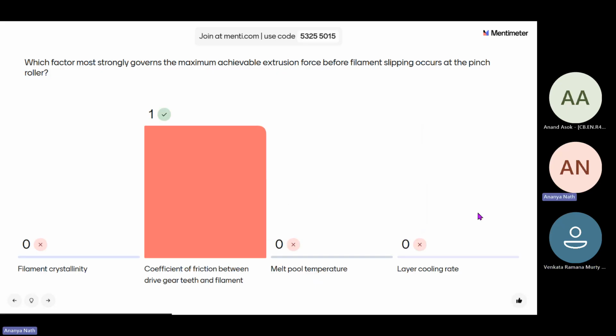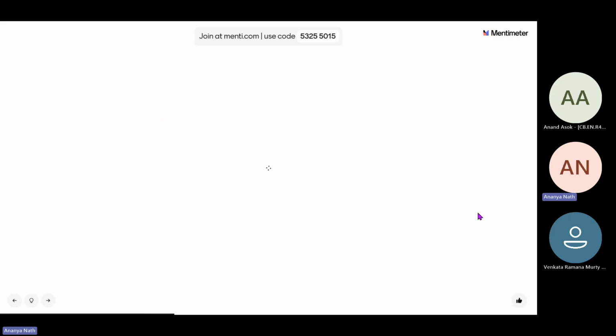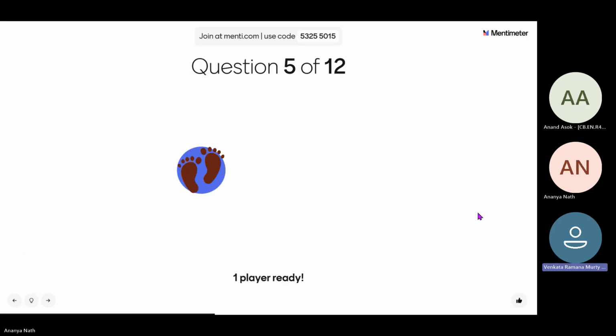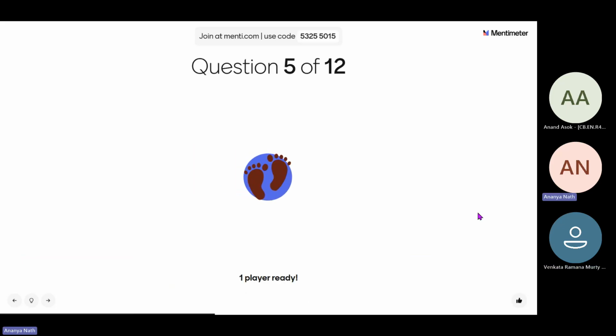Everyone has voted. Yes, so the factor that most strongly governs the maximum achievable extrusion force is the coefficient of friction between driver gear teeth and filament. There is no point in seeing the result. Here is our fifth question.